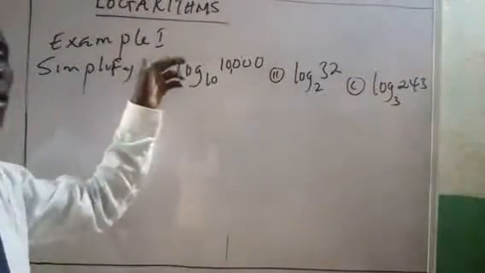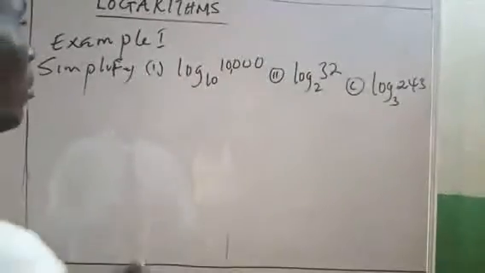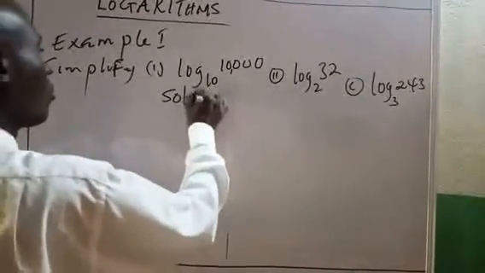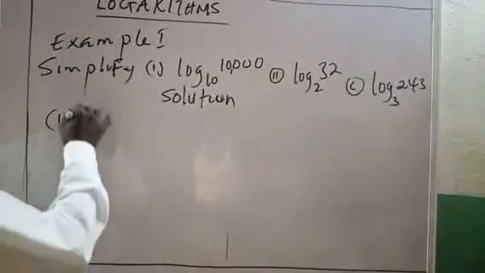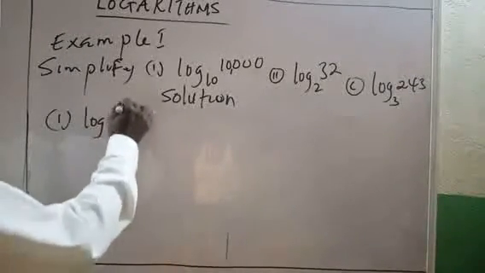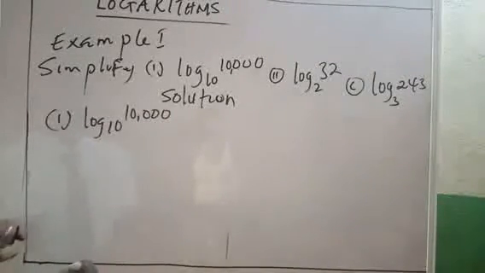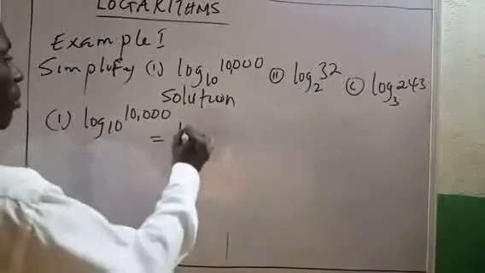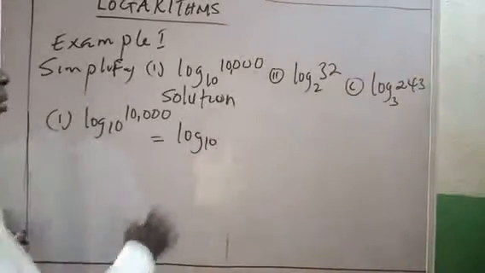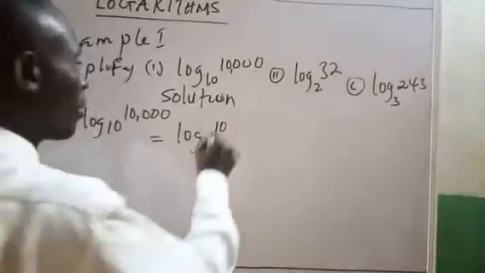So example, let's look at the board. We have simplify 1, solution 1, we have log 10,000 to base 10. This is the same thing as log 10 raised to the power of 4, since 10,000 is 10 raised to the power of 4.